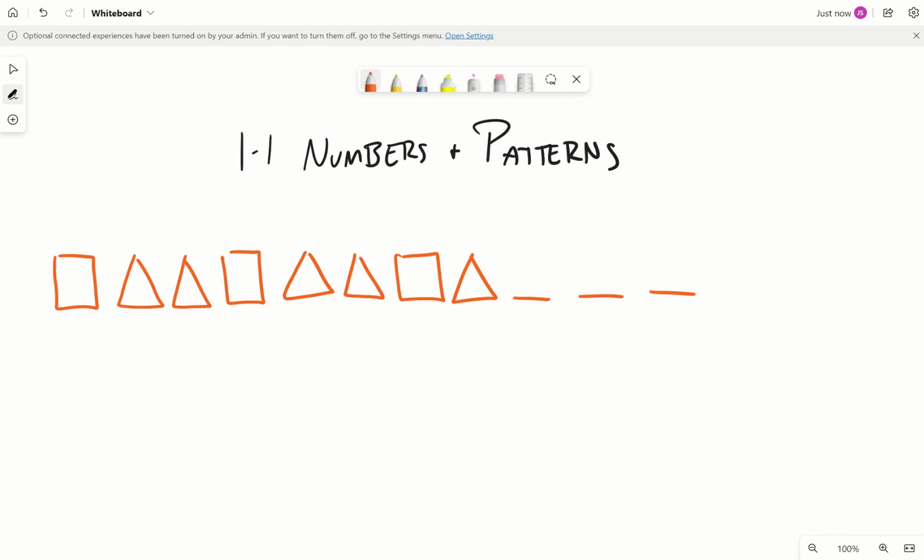Square, triangle, triangle, square, triangle, triangle, square, triangle, triangle, square, triangle. And then I would imagine you could think triangle, square, triangle, triangle, forever and ever. This would be that pattern, right?